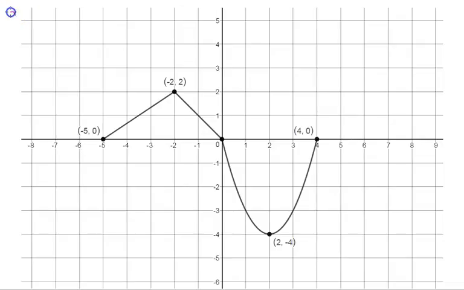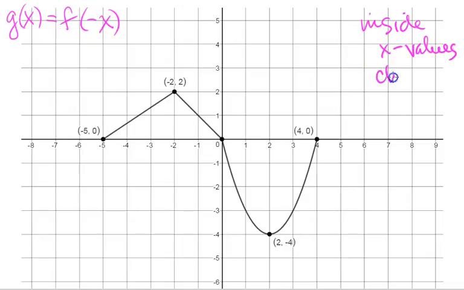Okay, now let's put the multiplication by negative 1 inside the parentheses. So when it's inside, x values are changed and y values stay the same. Okay, so this x at 4, 0 goes to negative 4, 0. Negative 2, negative 4.